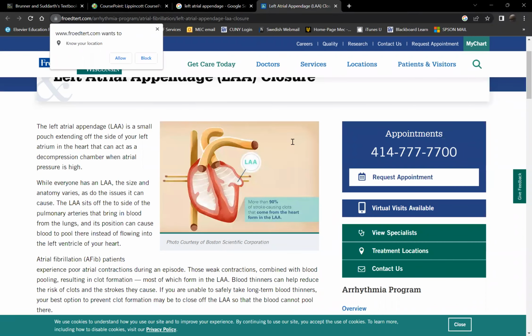An extra thing, right? So let's say you've seen morbidly obese patients, they have extra appendages. There'll be a small piece of fat that forms. So that's one of the appendages, or appendages are your arms. So this is the left atrial appendage.